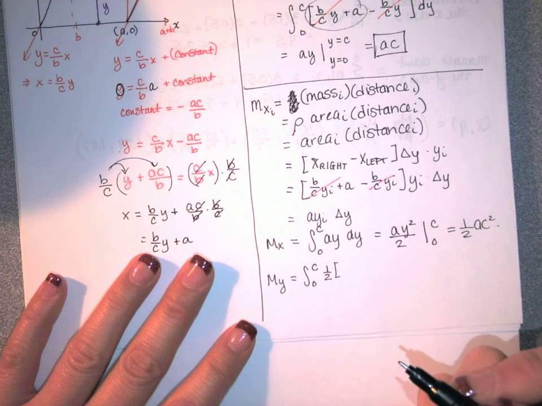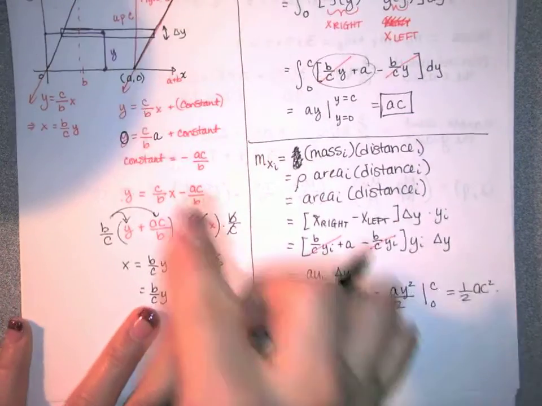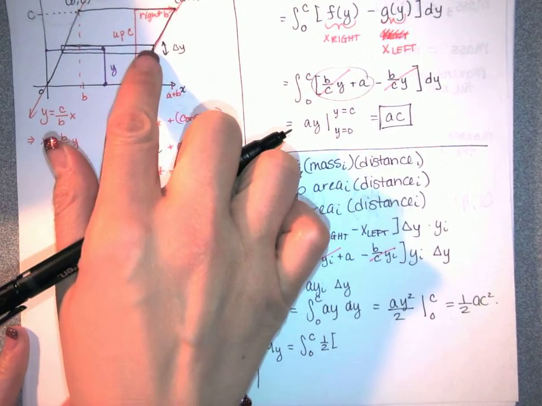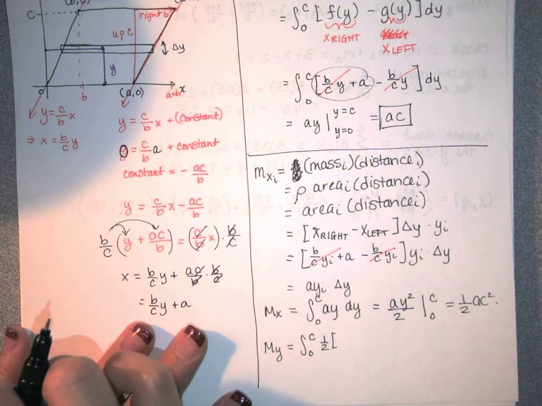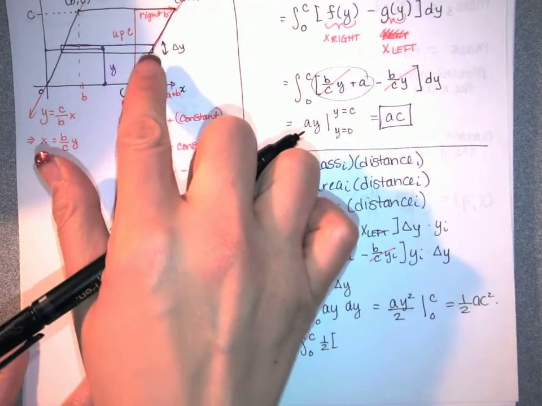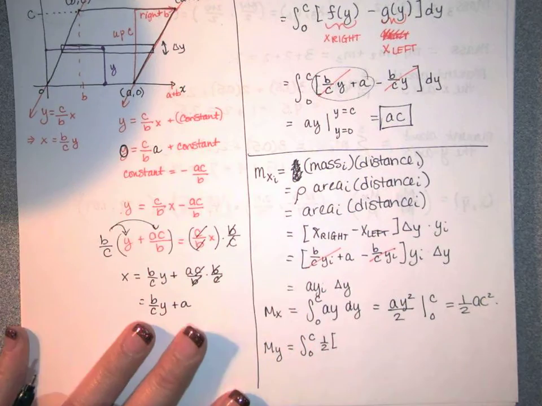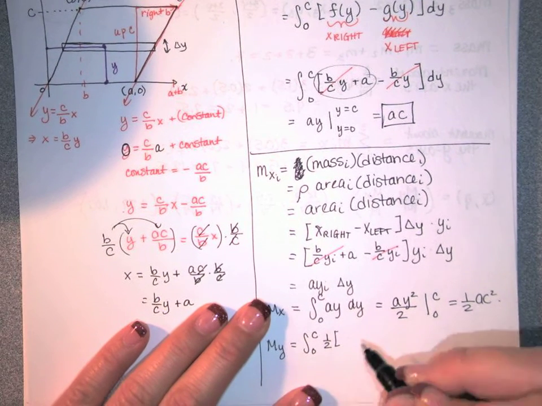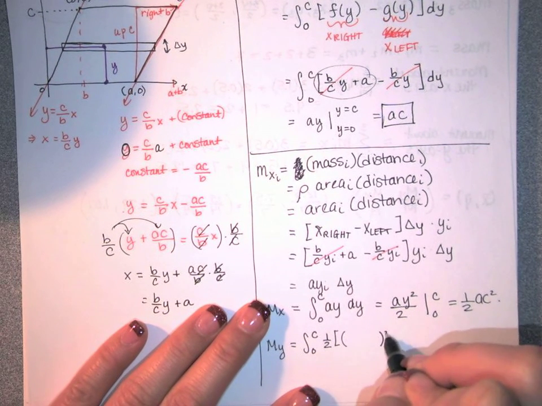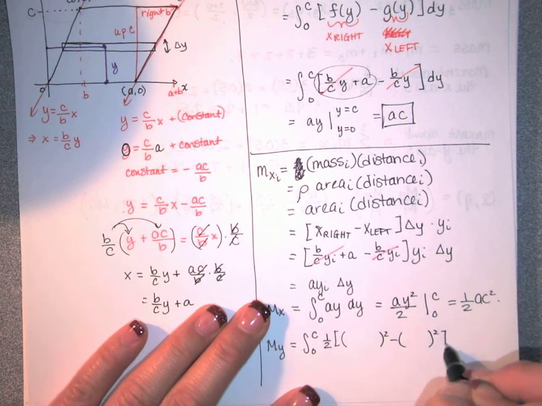And when we take the average x value, we're going to have x on the right plus x on the left, and we divide by 2 to get the average. For the area, we're going to have x on the right minus x on the left. So what ends up happening is we get x on the right squared, and we subtract x on the left squared.